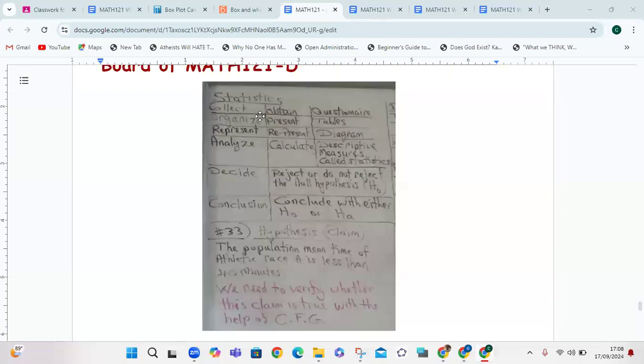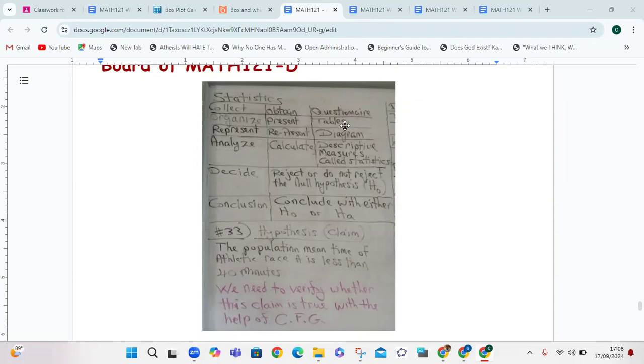Now remember that statistics begins with the collection of data. Another word for collect is to obtain, using a questionnaire. After you collect the data, you have to organize the data. Another word for organization of data is to present the data, make it presentable by using tables.